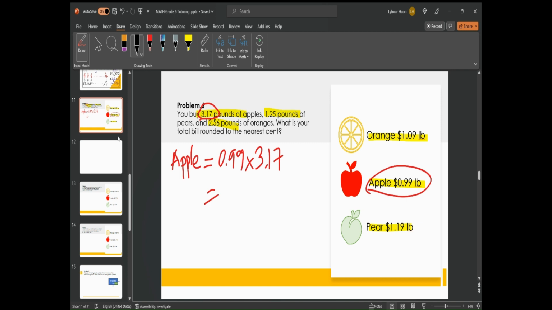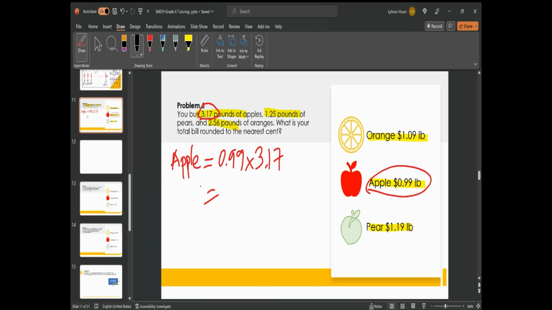Because if the first question is incorrect, for example you find the cost of the apple incorrectly, then the total bill answer will be incorrect, so the whole work is a waste of time, right? So please do it step by step, a little bit slowly, but carefully.